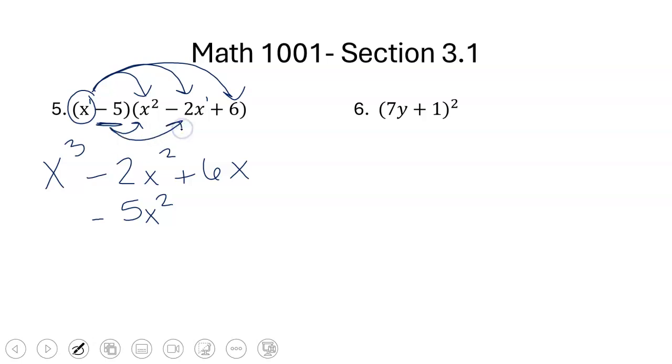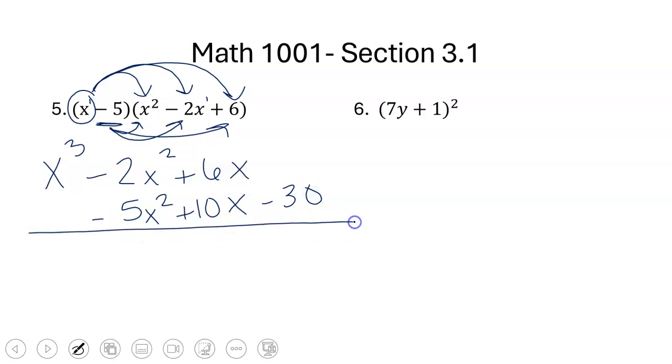So negative 5 times negative 2x. So that's a positive 10x. And then negative 5 times 6. So negative 30. So I'm going to bring down that x cubed. And then I'm going to combine like terms. Remember, we're just adding and subtracting. So do nothing with the exponents.